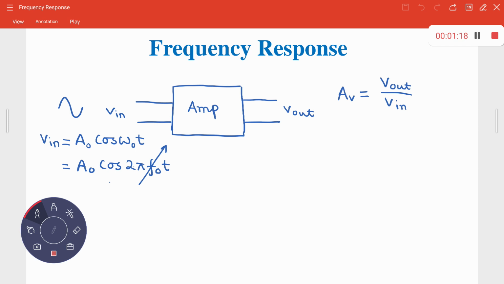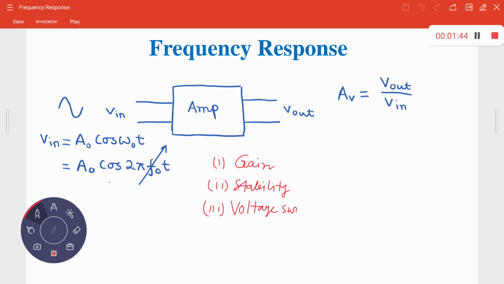Now what is the essence? Whenever we are designing any amplifier, there are a few attributes of any amplifier, as you know. You would like to increase the gain as much as possible. Second one is the stability. Your amplifier should be a stable one. Third one is obviously the voltage swing.